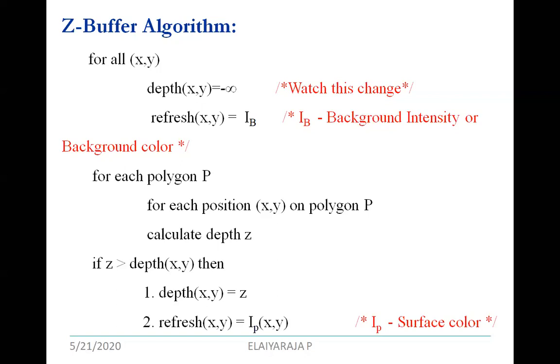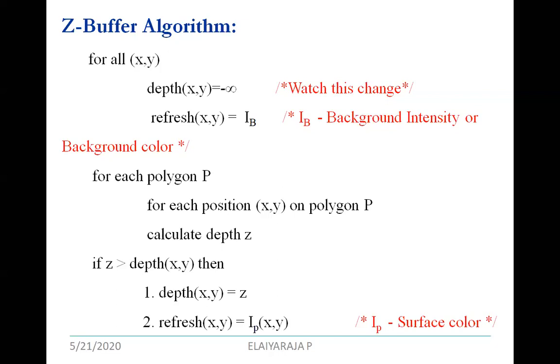So for each polygon, you take the current position and calculate the depth value, the Z. If your Z value is greater than the current pixel's, then what do you do? Suppose the current pixel's x, y depth value is z equal to 3.